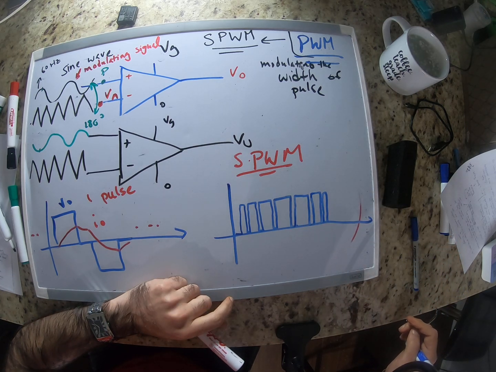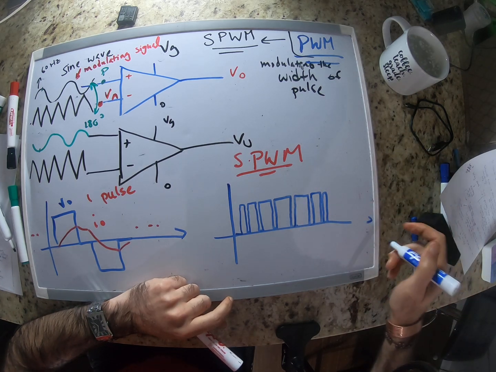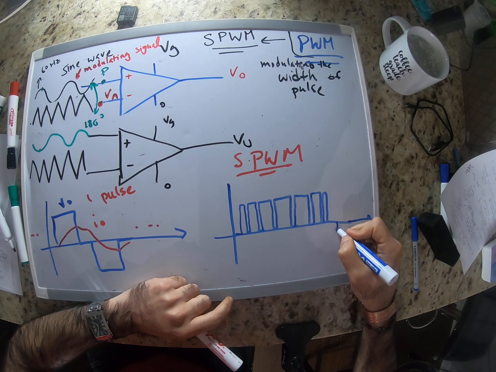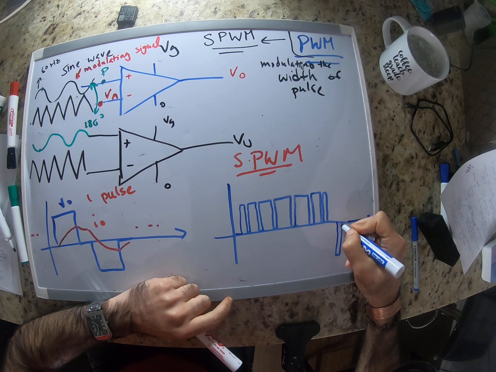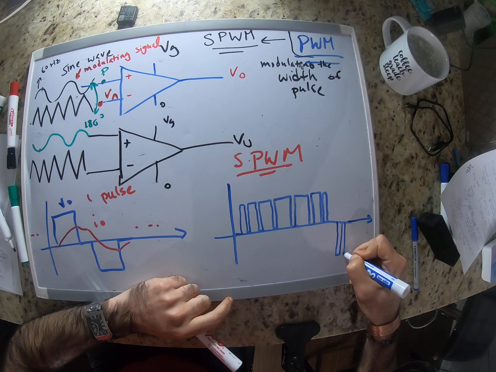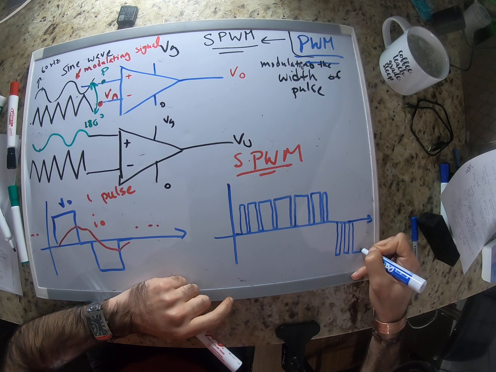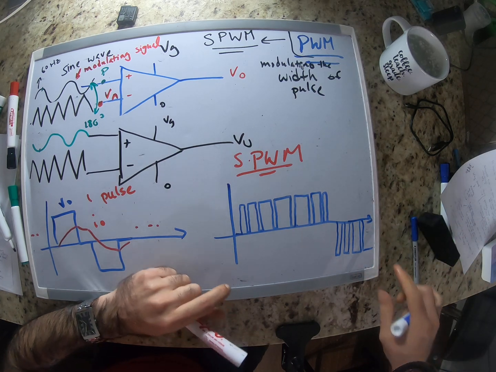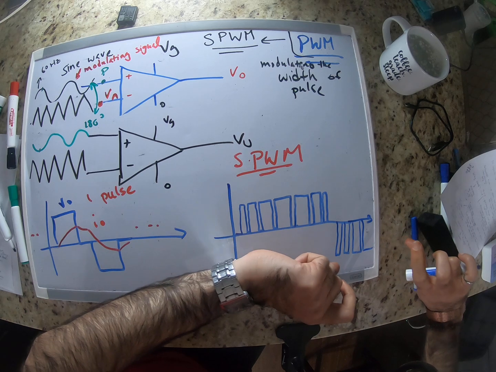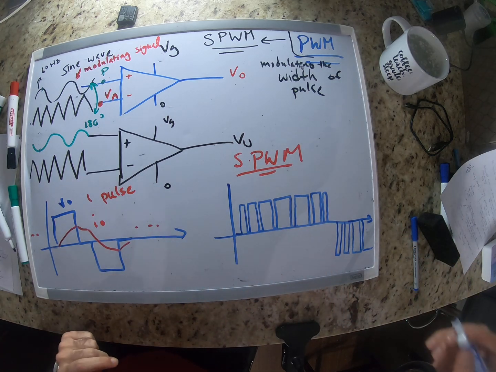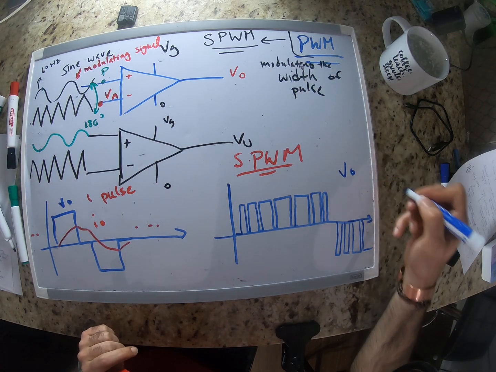I don't think I have space for the other one, but let me just do maybe one. And it would continue. It would have basically the same thing, opposite in this way. So this is how our voltage is going to look now.